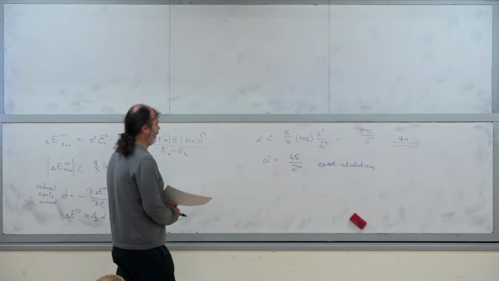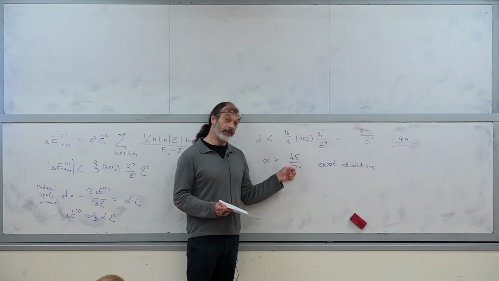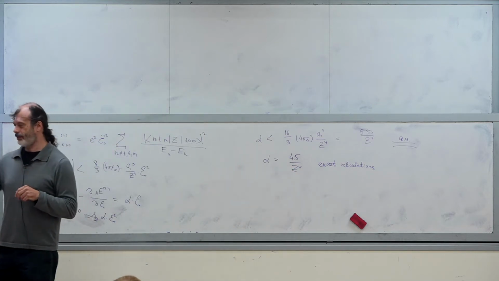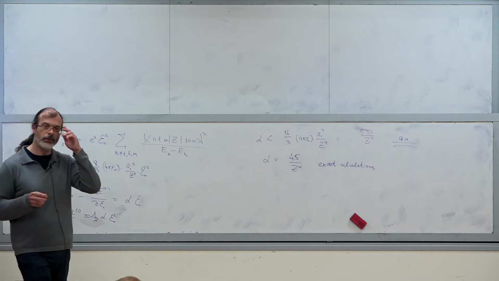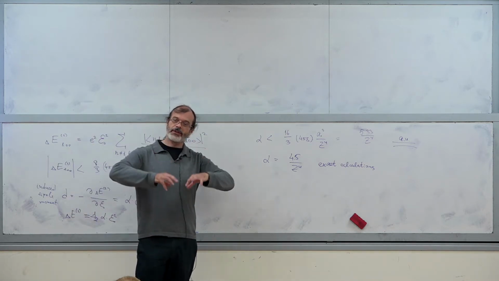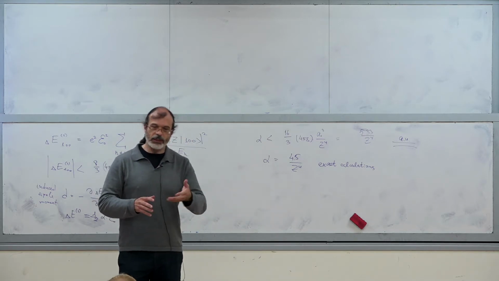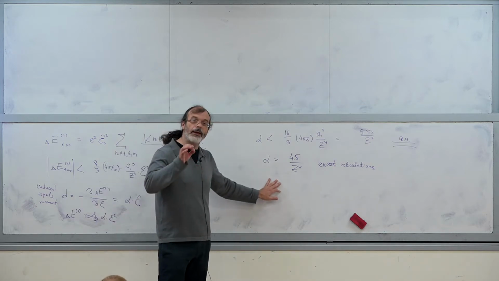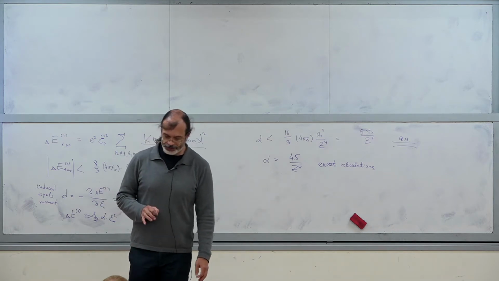You can see that this value goes with the Z number in a very strong power, right? Remember that this is a ground state. I remind you that this is the distortion of the ground state of the electron, and this is the wave function of hydrogen.